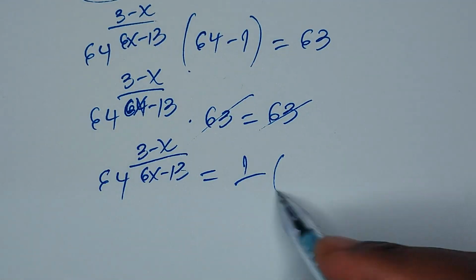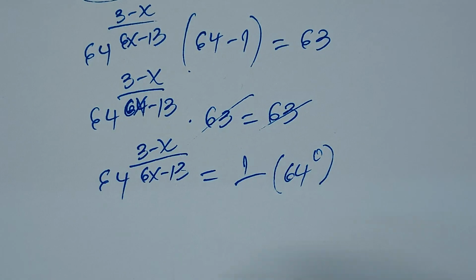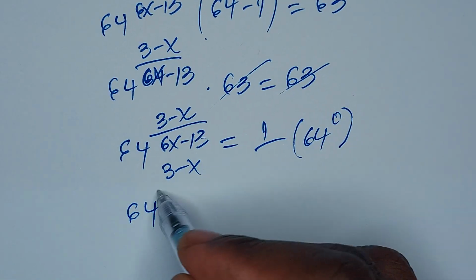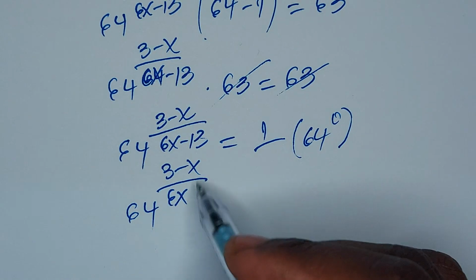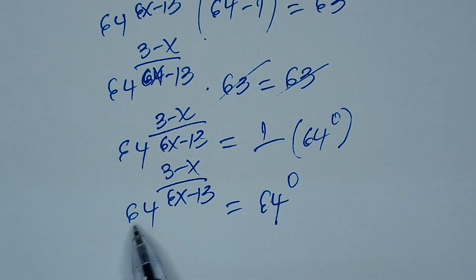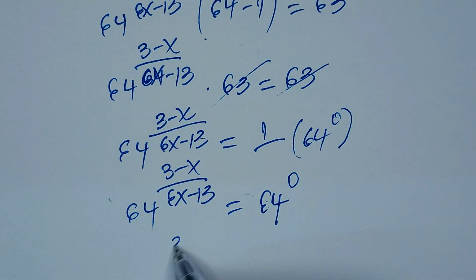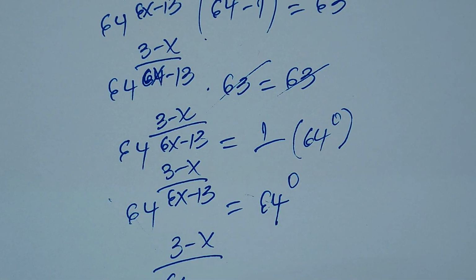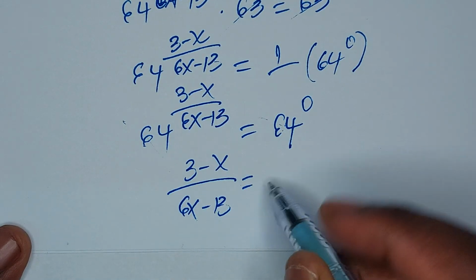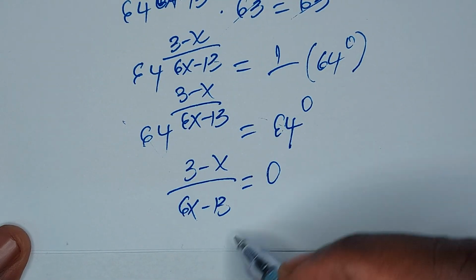And 1 is 64 to the power of 0, right? So we have 64 to the power of 3 minus x over 6x minus 13 equals 64 to the power of 0. Same bases, so the powers are equal: 3 minus x over 6x minus 13 is equal to 0.